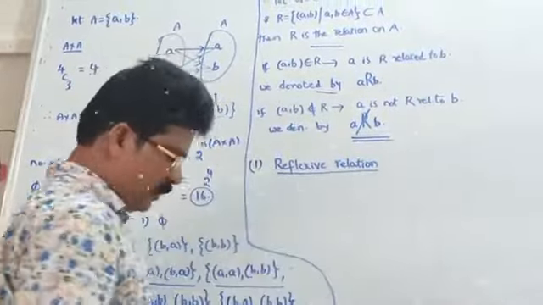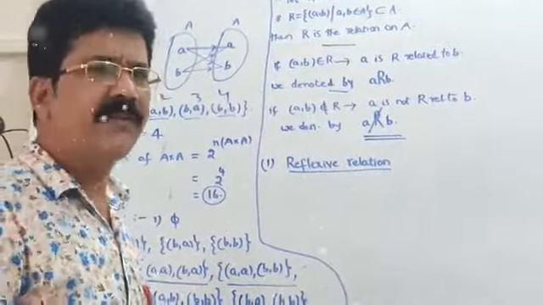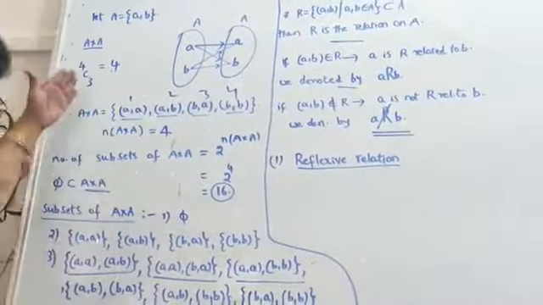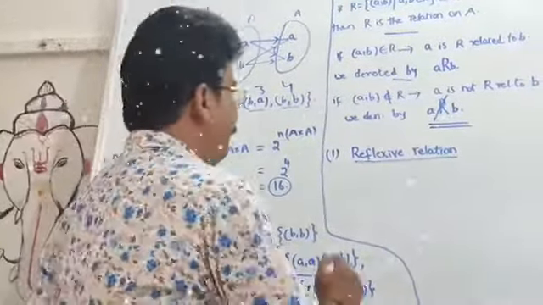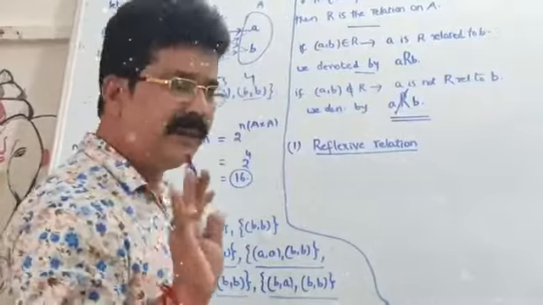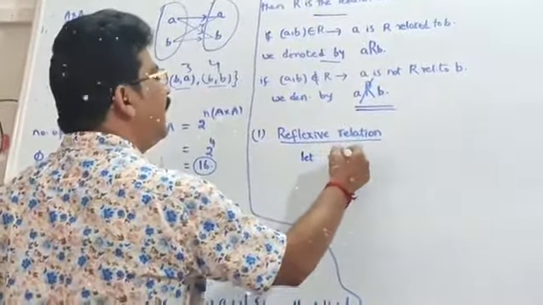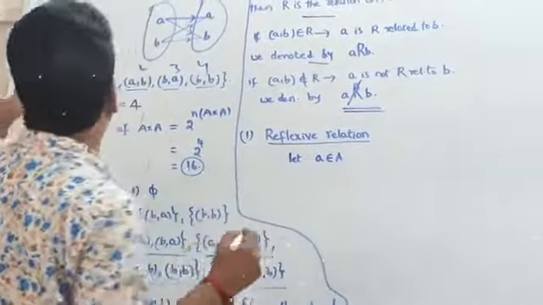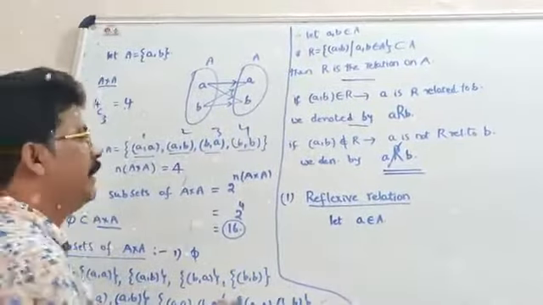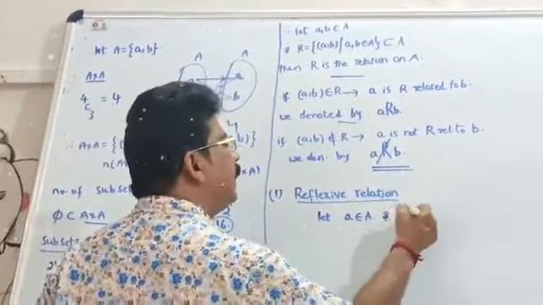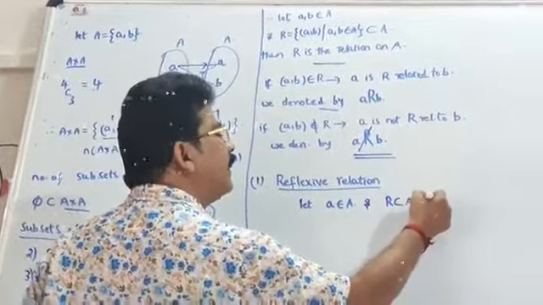I wish to explain the definition of different kinds of relations through the same example for easy understanding. Look at the board. Reflexive relation means what? For example, let small a belong to capital A. Here we see that small a belongs to capital A. First of all, capital R is a subset of A cross A.